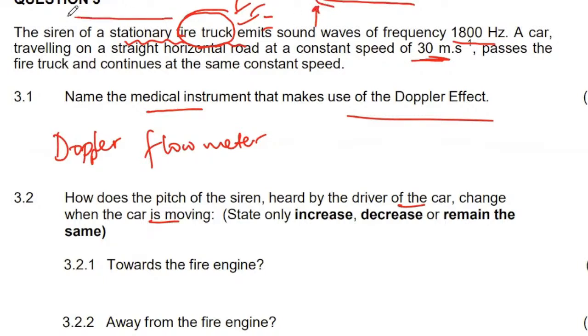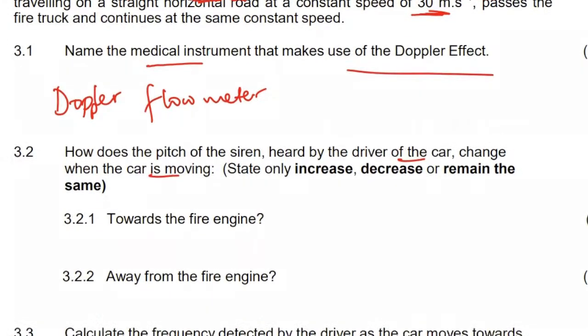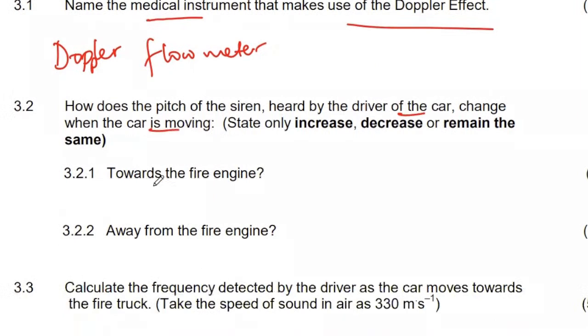And as the driver is leaving, the frequency is going to decrease. Say pitch and frequency, like brother and sister. So when the driver is moving towards, it's going to increase. And moving away, it will decrease.